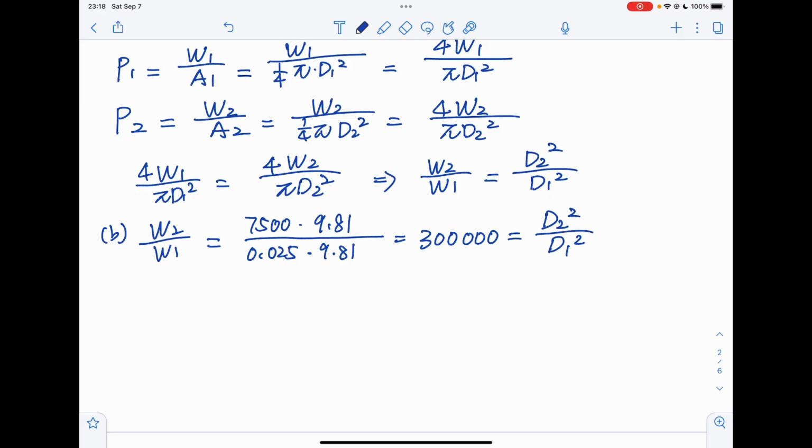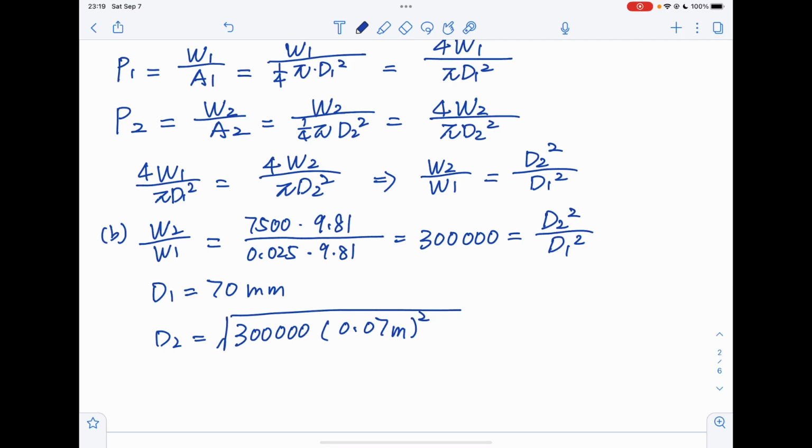So if we assume D1 equals, for example, 70 millimeter, then your D2 will be the square root of 300,000 times 0.07 meter squared.